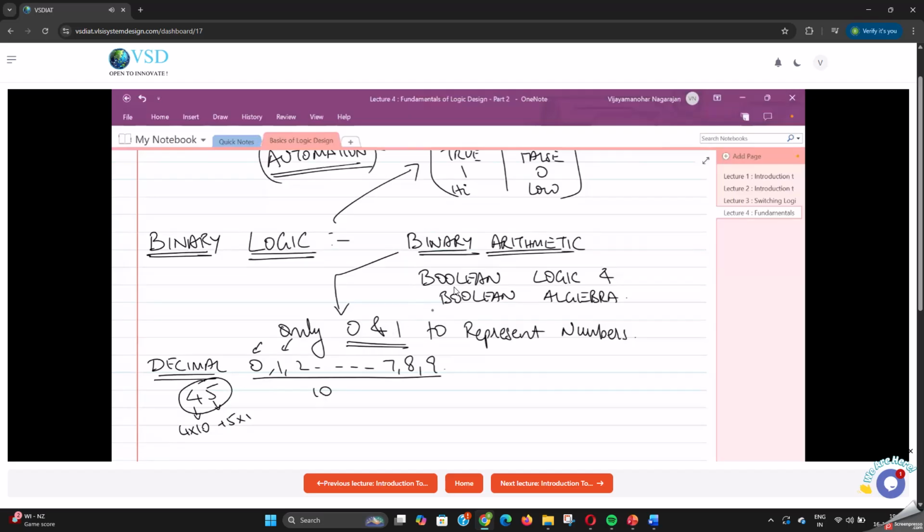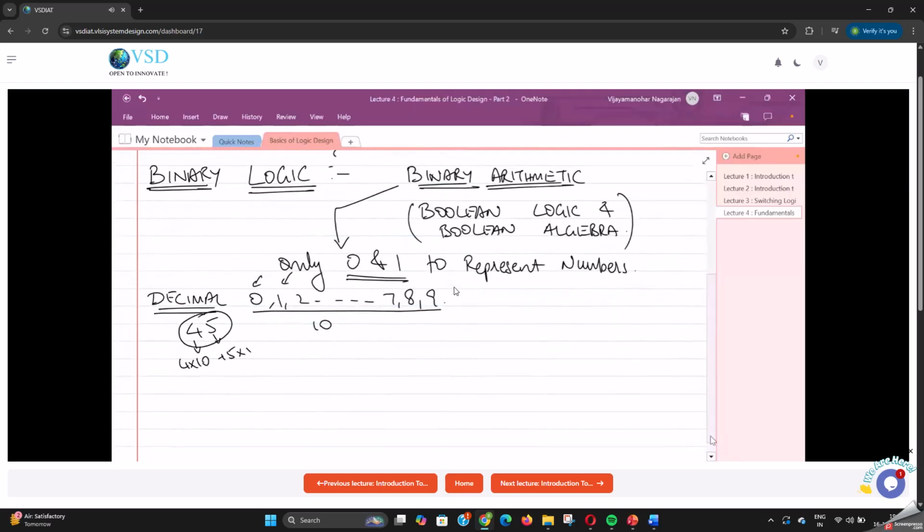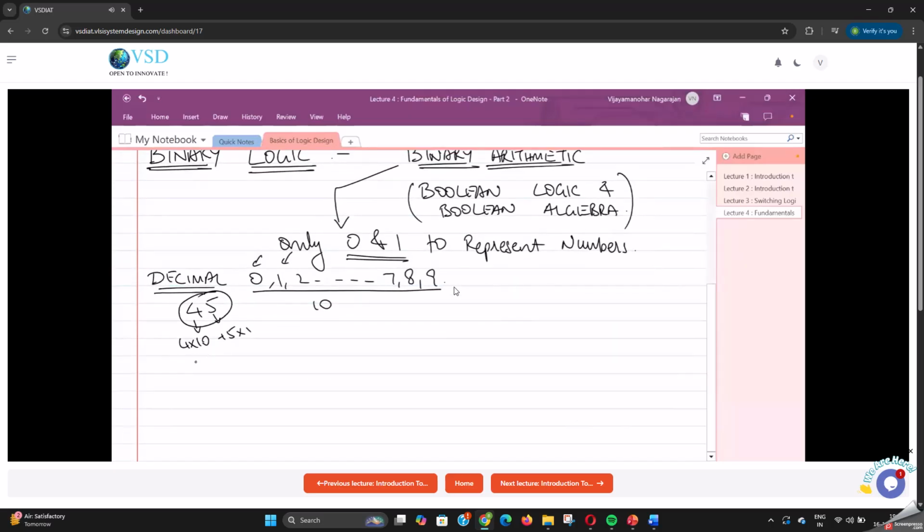Okay, and also we will look at the ways of representing the logical operations and what is the algebra behind that. This discussion will be based on that. So first thing, let us use this example itself, 45. You have a number called 45.